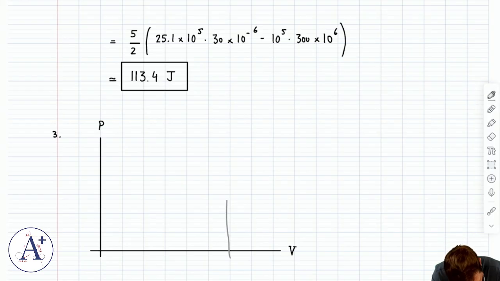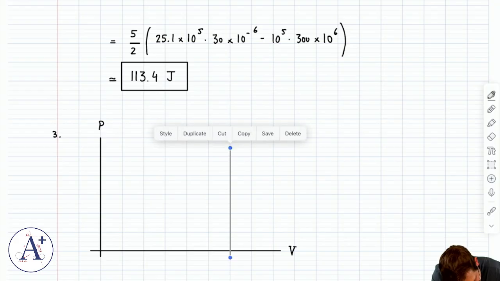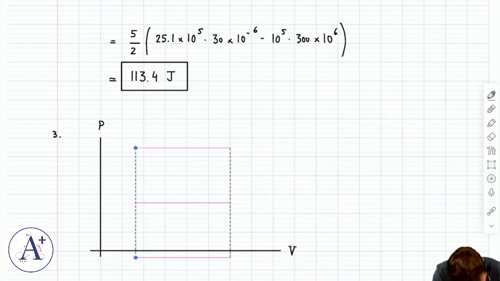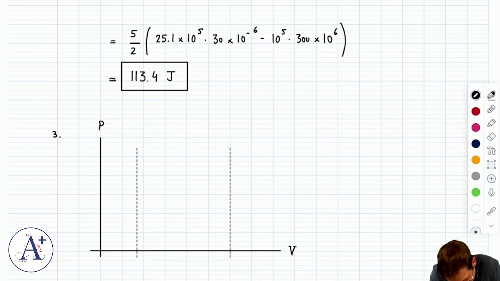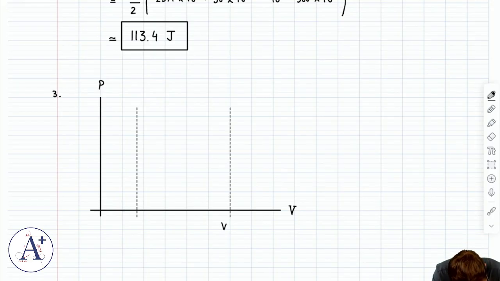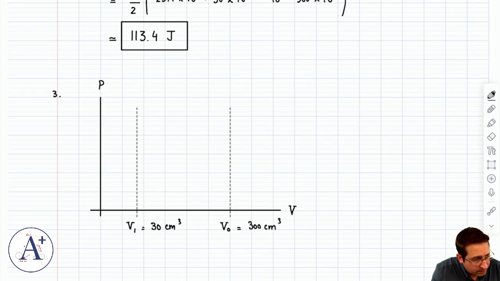And we're going to start out at, this is not to scale by any means, V0 is 300 cubic centimeters, and then V1 here is going to be 30 cubic centimeters. And of course, we're going to have a pressure P0 that starts here pretty low, and then it's going to rise pretty high to P1.